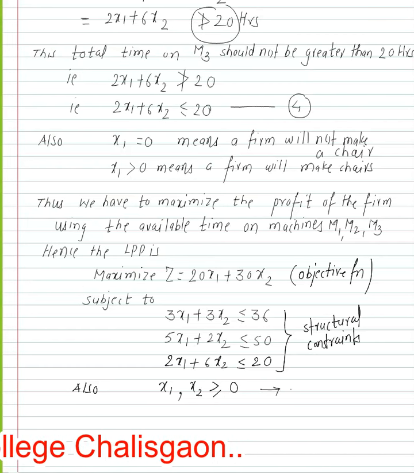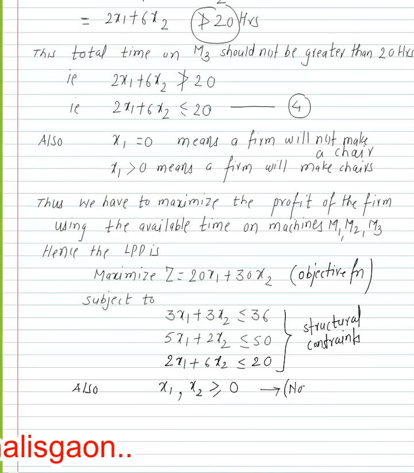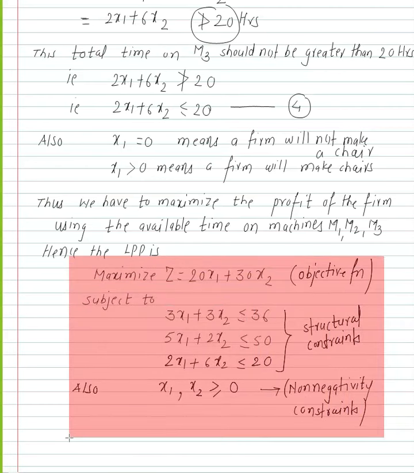And these are the non-negativity constraints. So this is the required LPP.